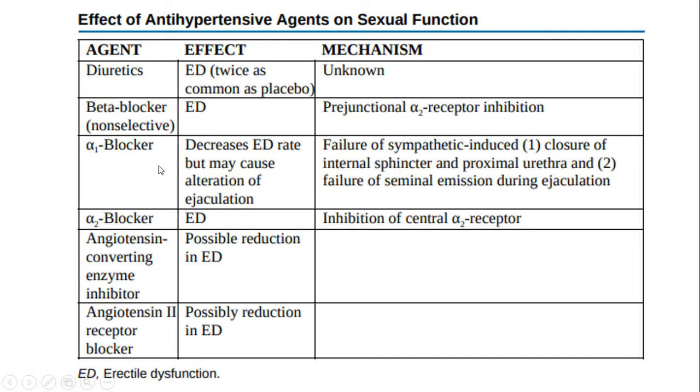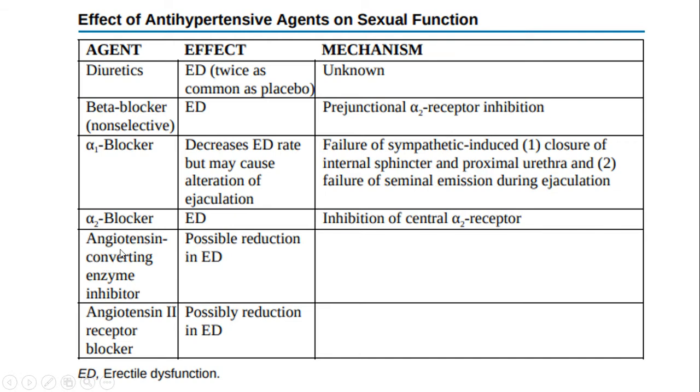An alpha-1 blocker like tamsulosin actually makes erectile dysfunction better, but ejaculation is still affected, and it leads to retrograde ejaculation. Alpha-2 blockers inhibit the central alpha-2 receptors.